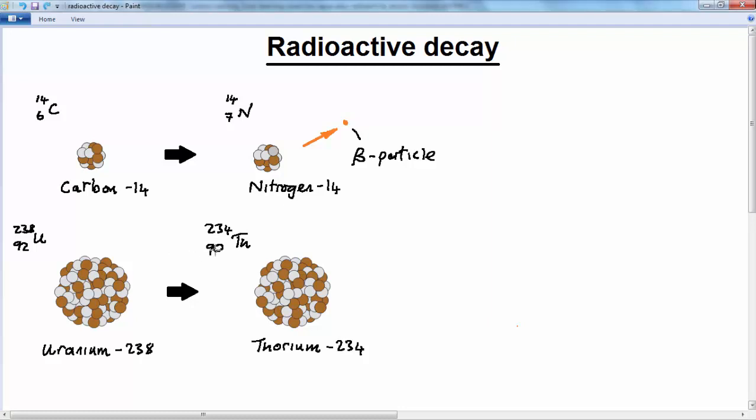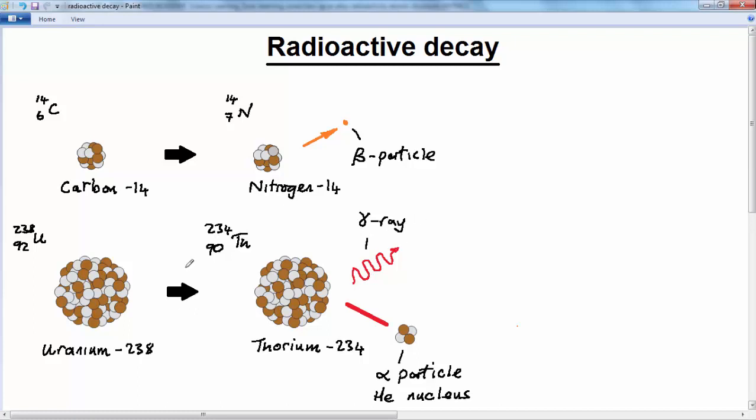Okay, in this case, instead of a beta particle being emitted, as in the case of the carbon-14 decay, we get the emission of an alpha particle and a gamma ray. Okay, so that's an alpha. This is an alpha particle, which is effectively a helium nucleus, and the gamma ray, which is a form of very high energy electromagnetic radiation.